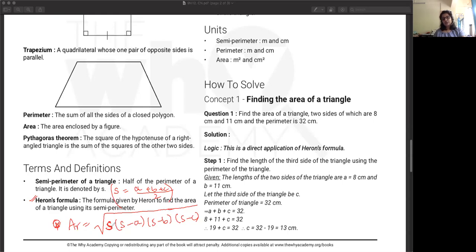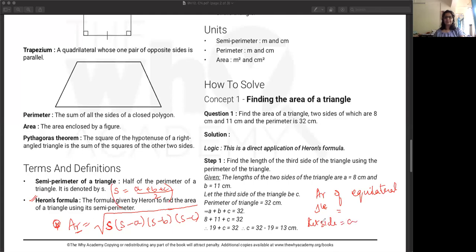So now that you know how to find the area of a triangle using Heron's formula, can you tell me what is the area of an equilateral triangle? Work it out. Like, you know what s is. Let the side be equal to a.